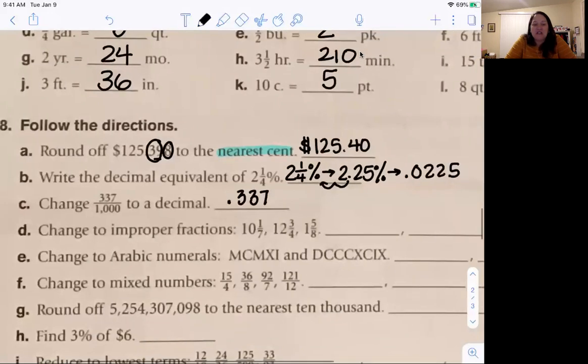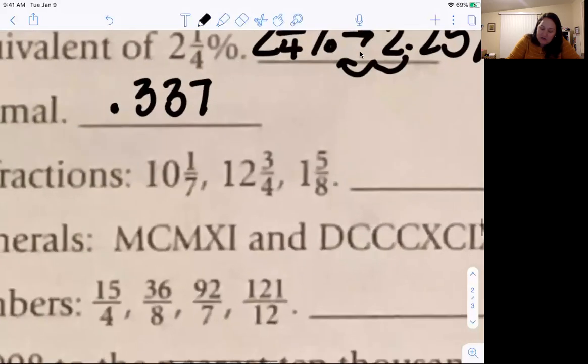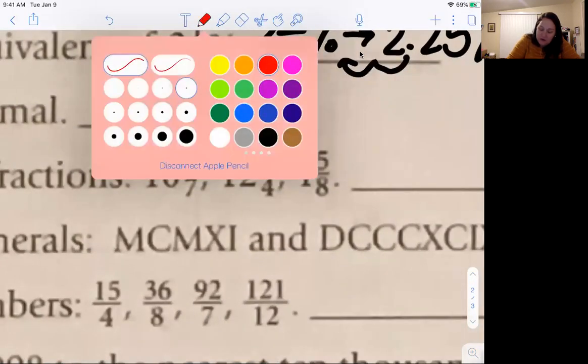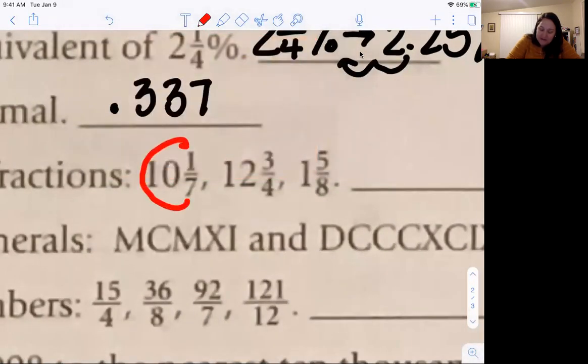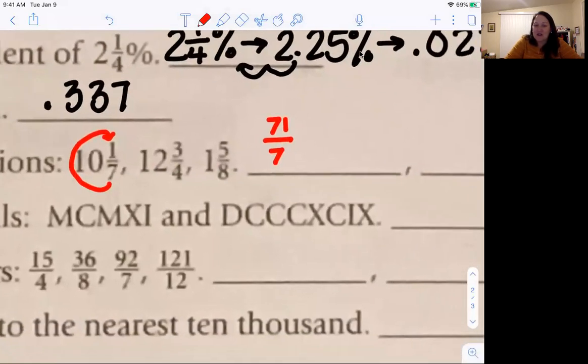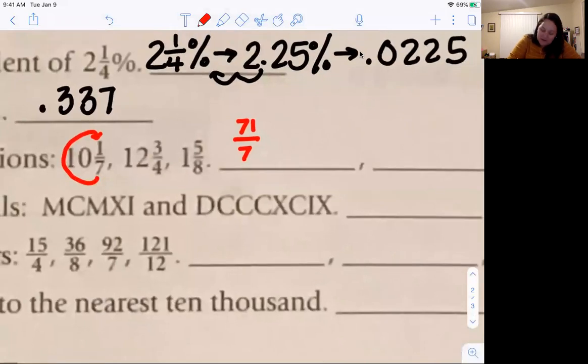Letter D, change to improper fractions. To change to an improper fraction, we do backwards C. 10 times 7 is 70, plus 1 is 71. Over what? My original denominator of 7. Good. 12 3/4.